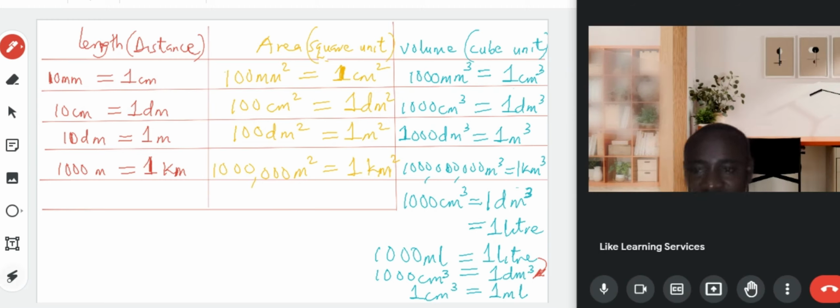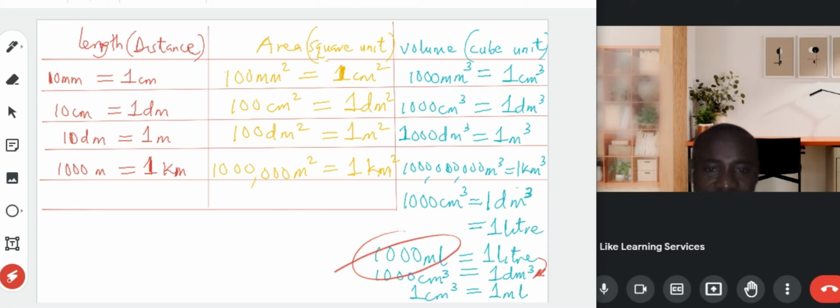So we have it. 1,000 milliliter is equal to 1 liter. We already know that from the fact that 1,000 of anything is one of the major units. And we know that 1 liter is 1 dm cube.